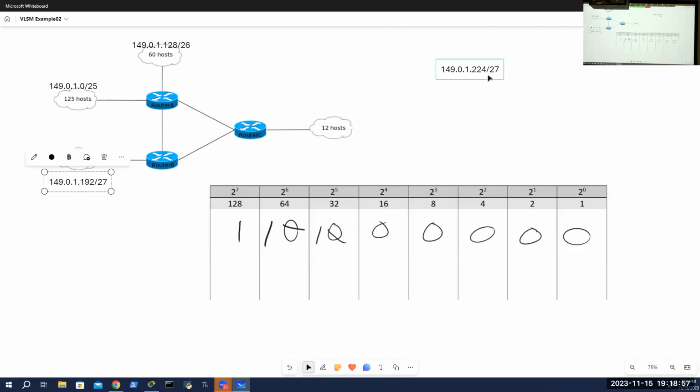So we have 1 LAN left, and we need how many bits for 12 hosts? 4. So that means we can add one more network bit. Subnet bit, however you want to look at it, subnet mask bit, prefix bits. And that makes that a /28.